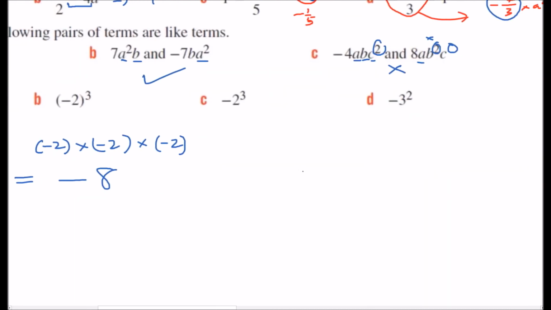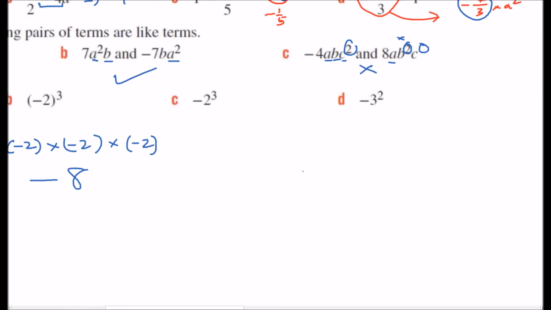Now these ones are a bit trickier when you have a negative without the brackets, but let me split that up. What this is saying is that in front of that 2 is a negative 1. So it has to be negative 1 times that 2 to the power of 3, so times 2 times 2 times 2. So there's a negative 1 in there.